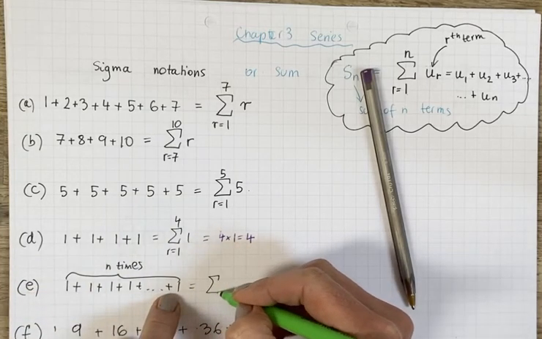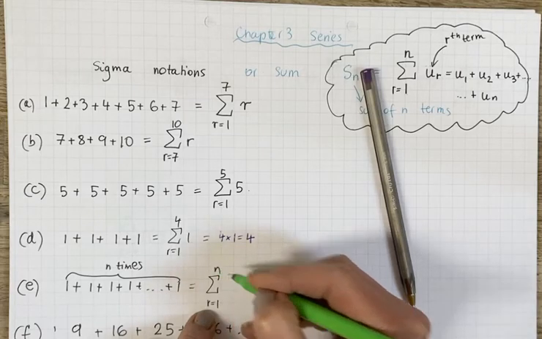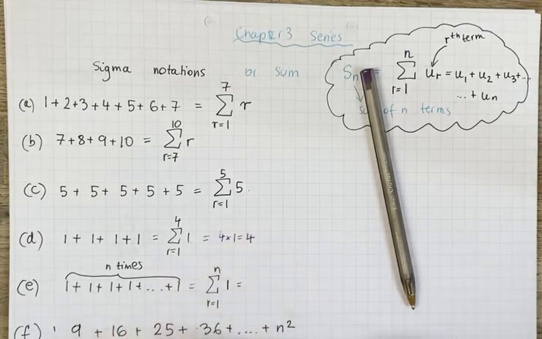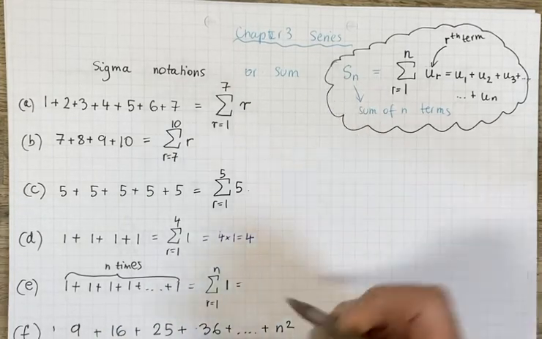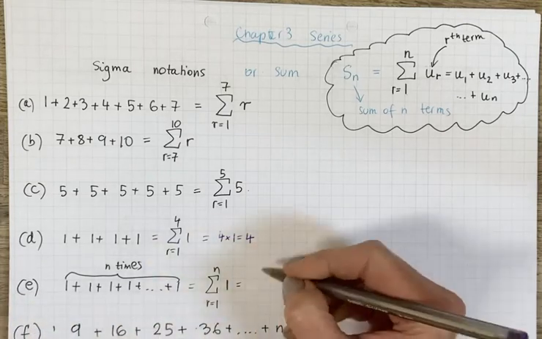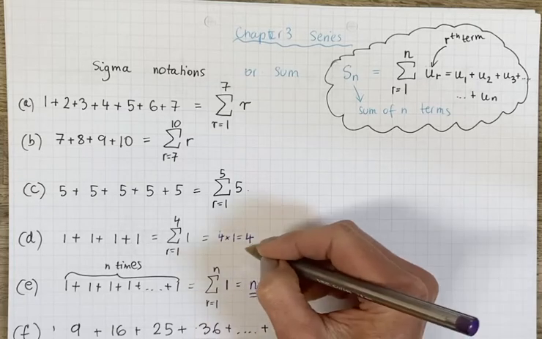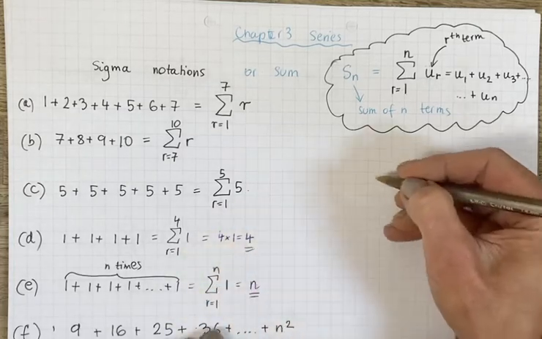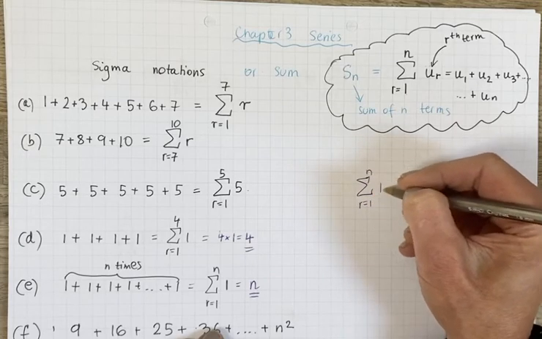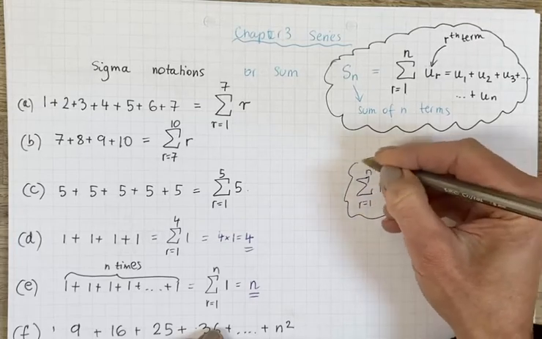Well, how many terms am I going to have? n, so it goes from 1 to n, and I'm adding 1 all the way through. So how many 1s have I written down here? n lots. So it's n times 1, which is n. And this is a very, very important result that you will be using throughout the book. So if I have this, that can be replaced with n.